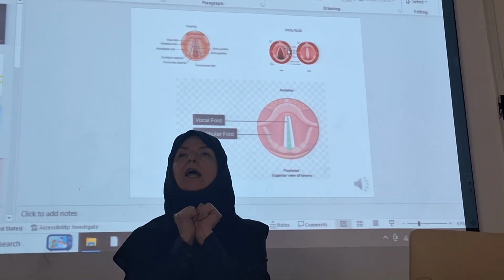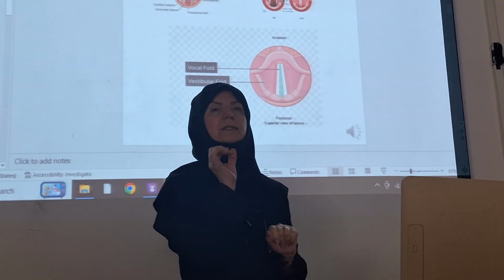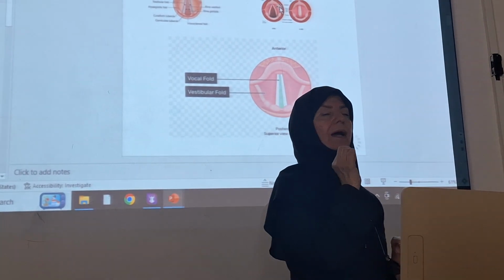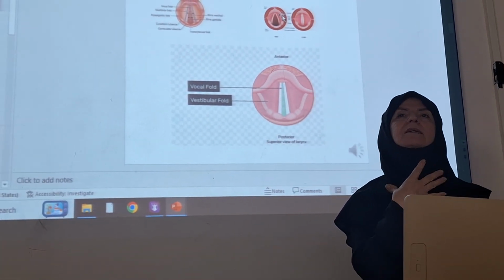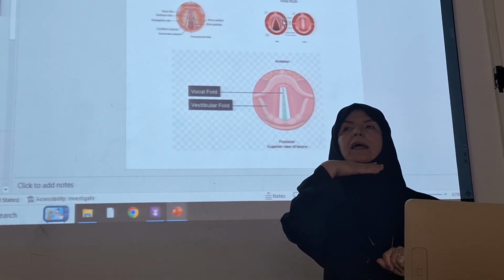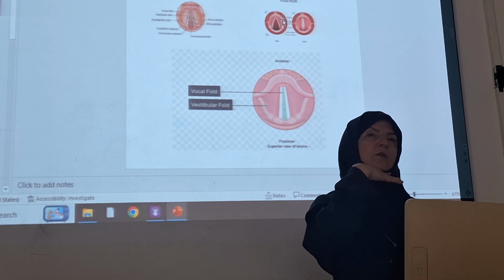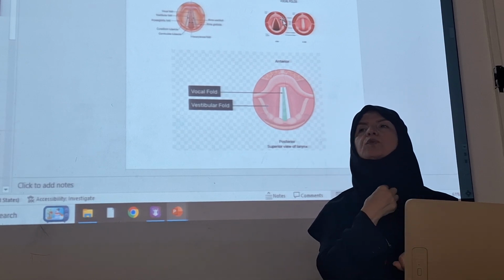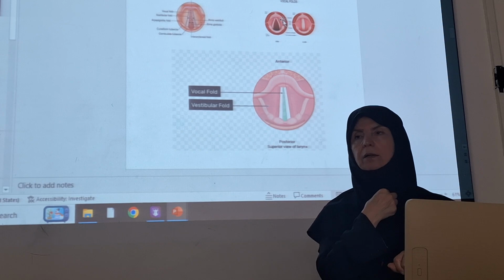Now, if somebody has a problem and cannot breathe normally, because something is closing the upper part of the respiratory system, you are going to do a tracheostomy.